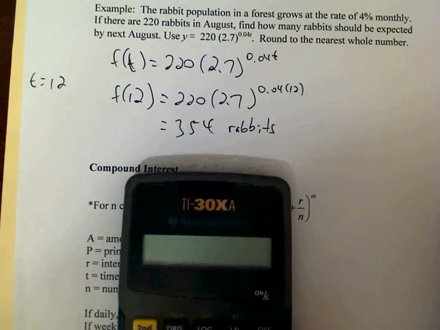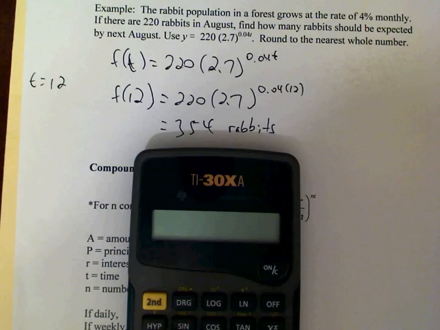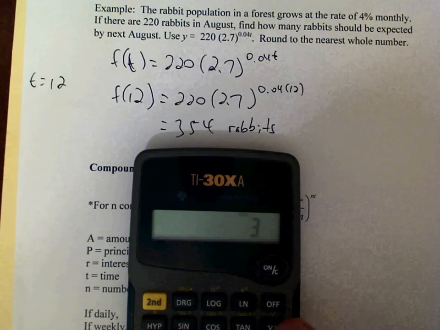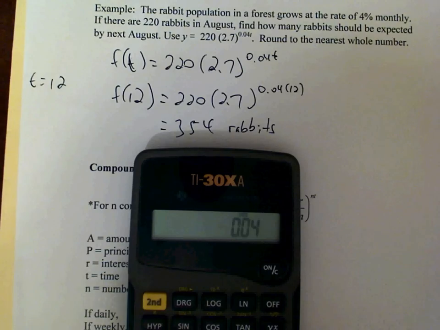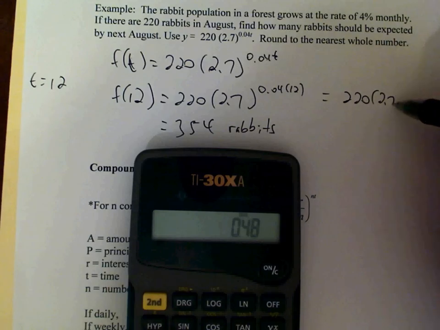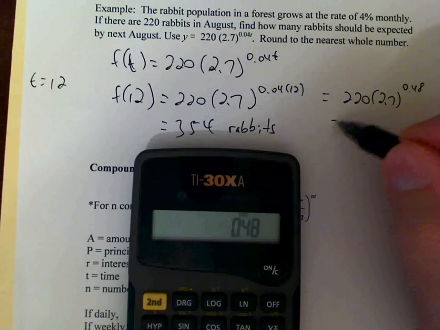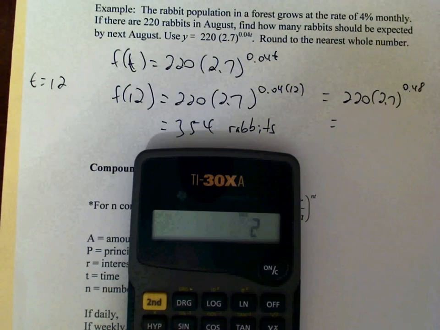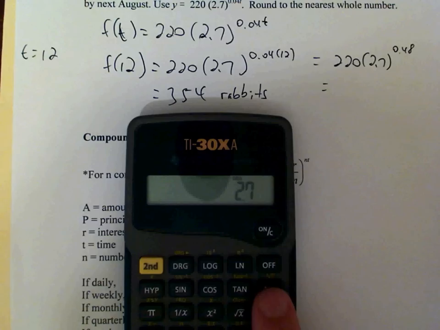Now let's say you have a scientific calculator. First thing you want to do, after you turn it on of course, you want to find the exponent, 0.04 times 12. You get 0.48. Now what you want to do, let's go ahead and find 2.7, and we're going to raise that to 0.48 power. Now this right here, that's the x key, that's your exponent key.